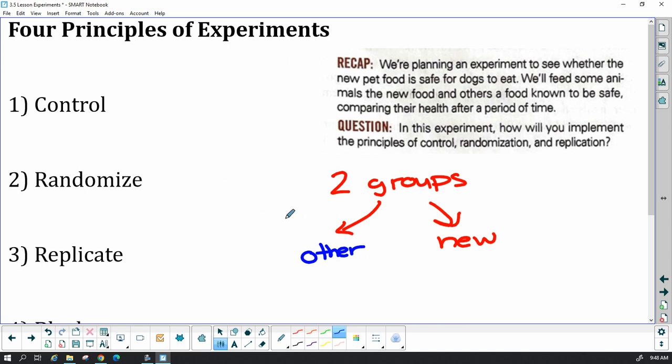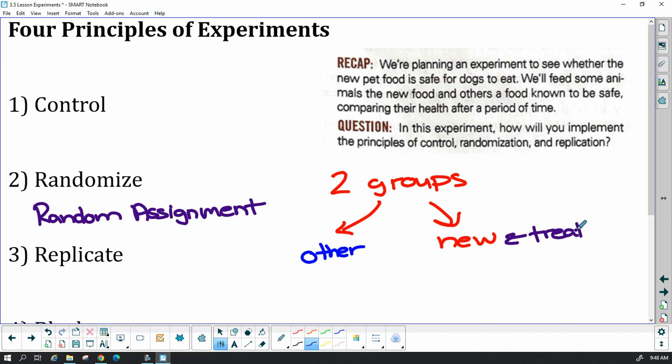We often call this random assignment. We're not randomly sampling our animals, but we are randomly assigning them to what we call a treatment. These are called treatments. In this case, I have two treatments. I have this new food we're testing out, and I have some other food that we know is already safe.